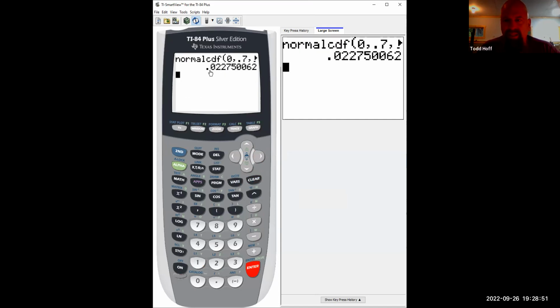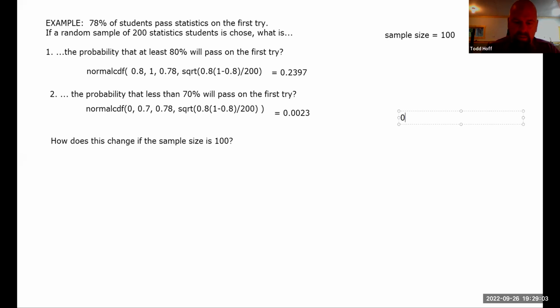Now we see that's significantly larger. It's 0.0228. So much larger. With the smaller sample, it's much more likely that the sample is going to deviate further away from what the population value really is.